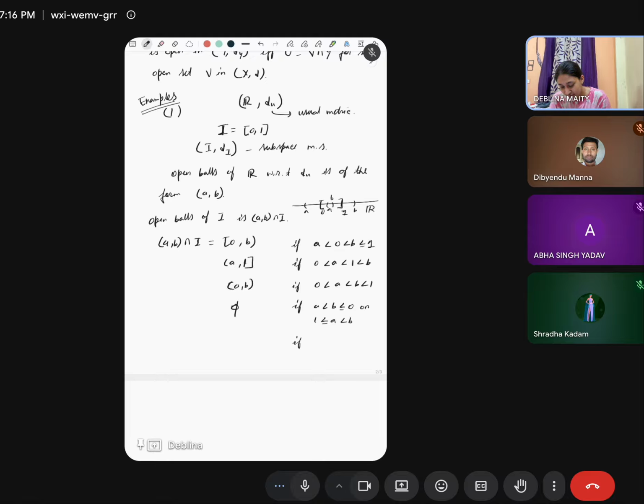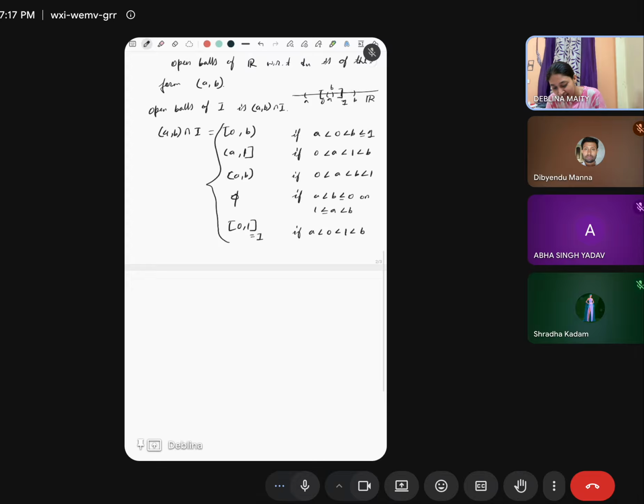And if A less than 0 less than 1 less than B, then it will be 0 1. So it is nothing but I, right? So open balls of I with respect to this metric di will look like this one, right?